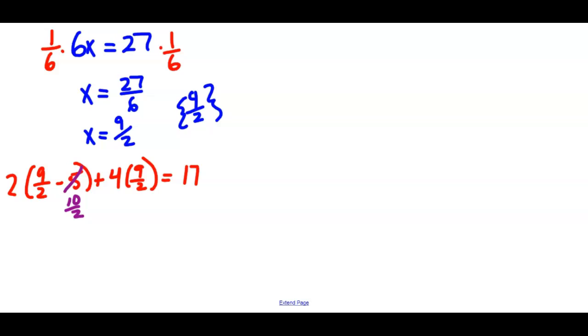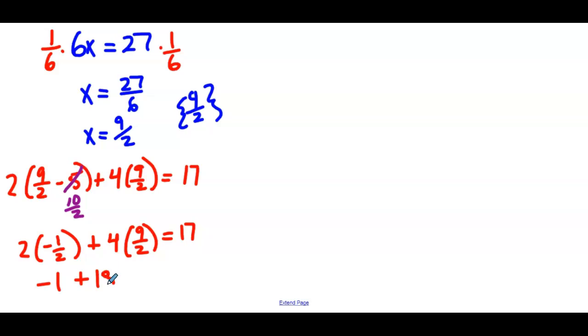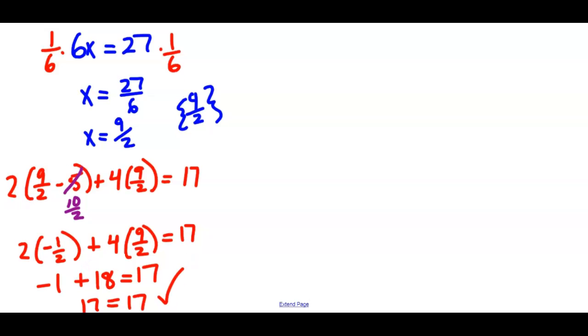So we're going to get 2 times negative 1/2 plus 4 times 9/2 equals 17. So we get negative 1 plus 4 divided by 2 is 2, times 9 is 18, equals 17. 17 does equal 17. So we did everything correctly.